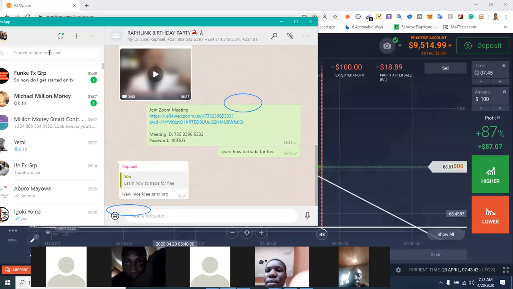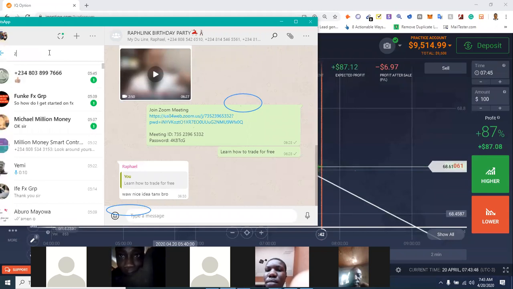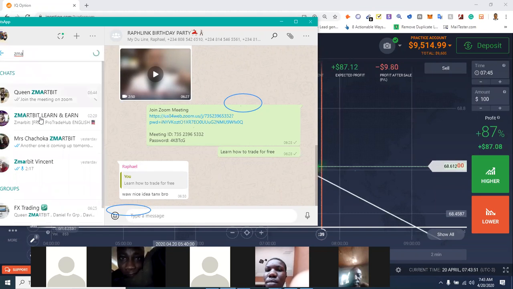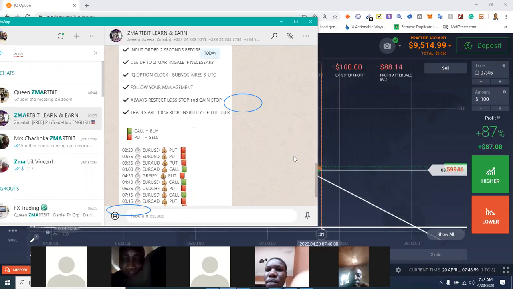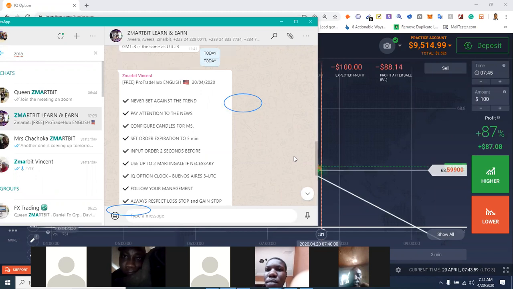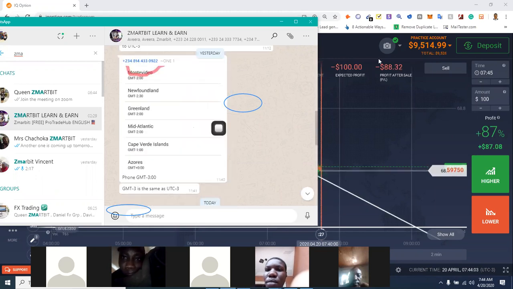I want to make sure I don't miss the trade. If you are using a system, you need a system that is good, that will not be giving you wahala. So let me quickly look for what I'm looking for before this trade ends. It's almost time. Let me minimize this first. I'll show it to us later.